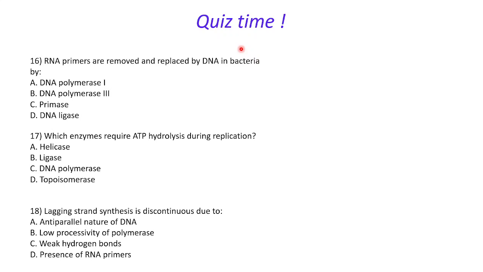RNA primers are removed and replaced by DNA in bacteria by. So how are RNA primers removed and replaced by DNA in bacteria? DNA pol 1, DNA pol 3, primase, DNA ligase.